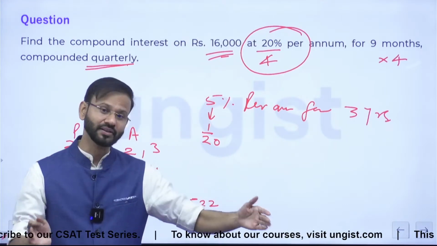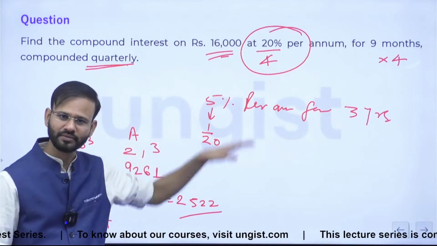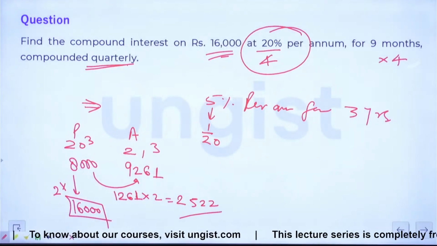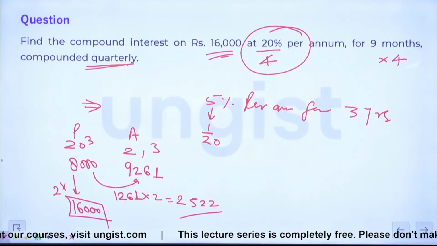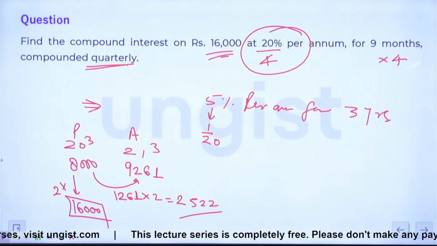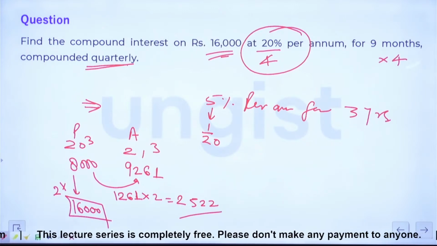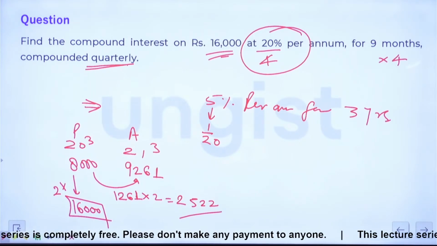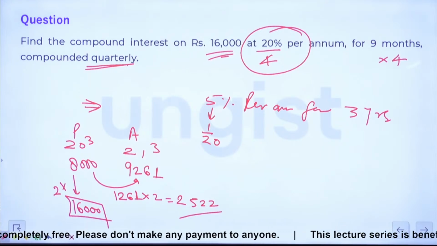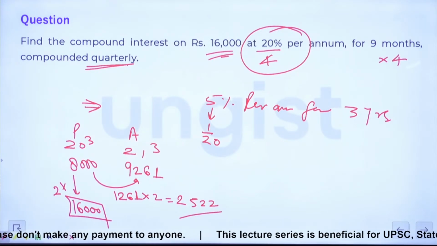Because in 1 year we have 4 quarters. So this will be divided by 4. Correct? Everybody clear now? Any doubt? Friends, any confusion? Any query? No? All right.